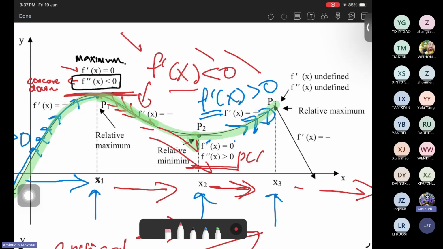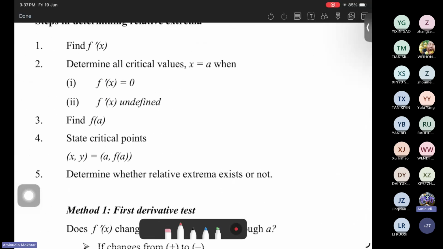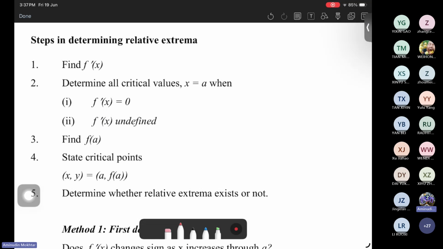For example, if you refer to page 7, that is how to determine the relative extreme point. I will show you step by step how to determine whether the point is a positive point or a negative point.